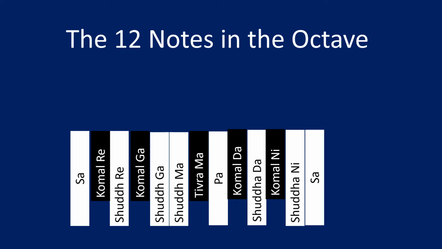A major difference is that in Western classical music, the notes are fixed frequencies. C means a particular frequency, D means a particular frequency, etc. In Indian music, the performer can choose his own base frequency, which he uses as sa, and then all the other notes are built up from that sa.